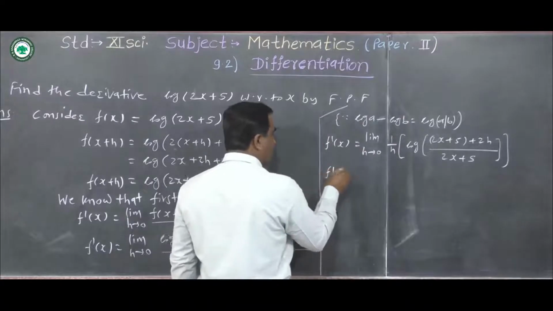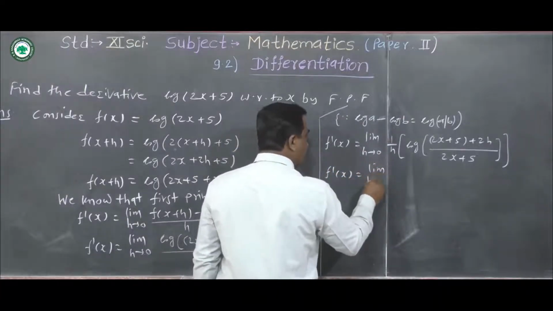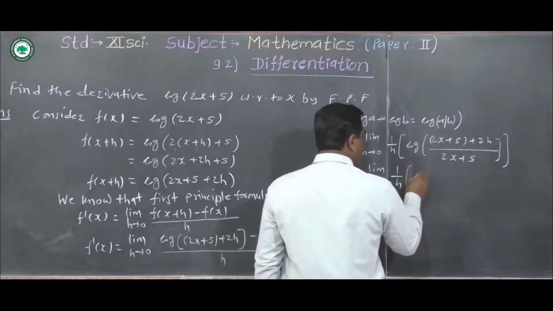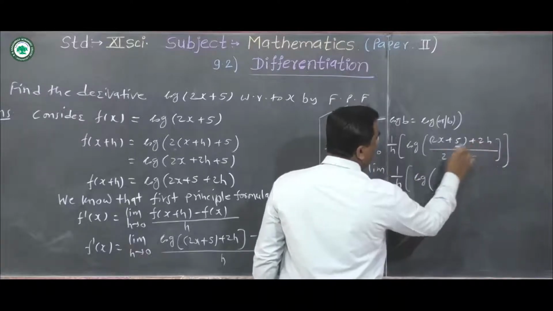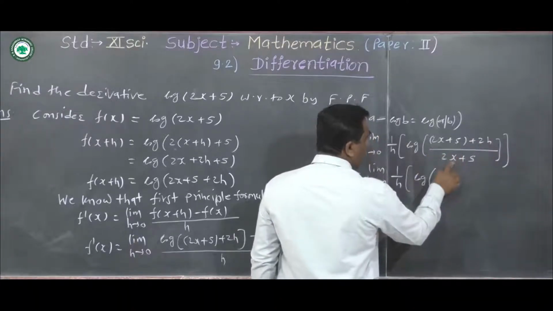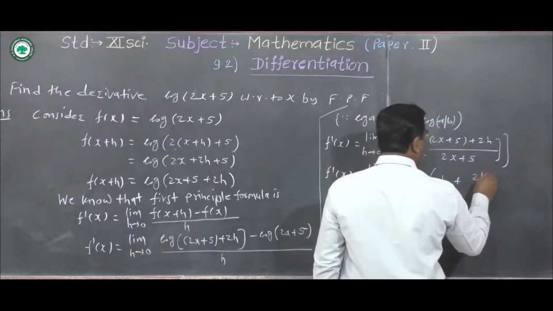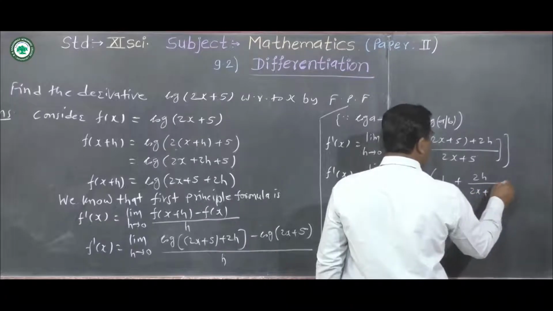Okay, that is f dash of x equal to limit h tends to 0 of 1 upon h into, in bracket, log of, you can take a separate denominator for these two terms, 2x plus 5 upon 2x plus 5 means 1 plus 2h upon 2x plus 5.